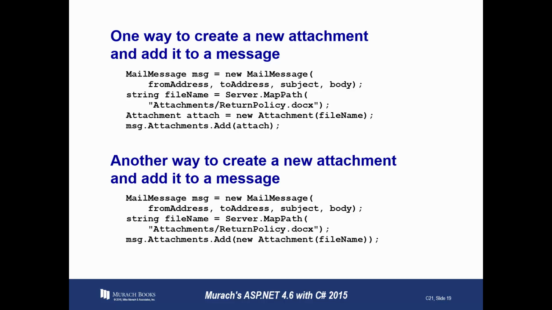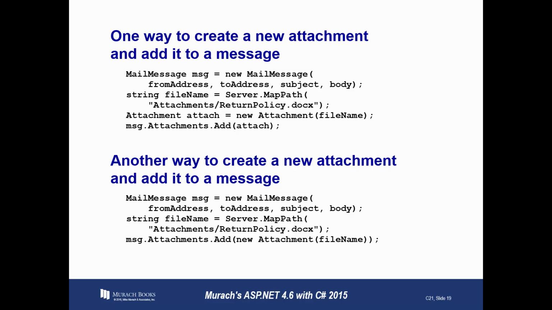Next, starting on page 764, they talk about attachments. And as mentioned there, an attachment file is a file that's sent along with an email message. The most common types are text files, PDFs, sound files, video files, etc. So what they start showing here is how to create an attachment and send it as an email message.